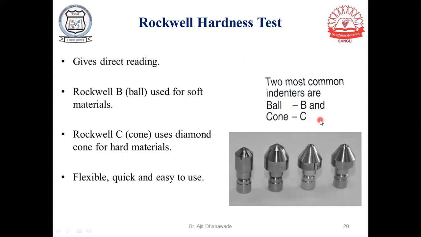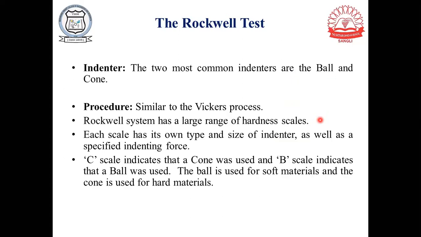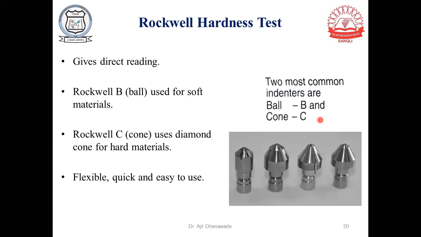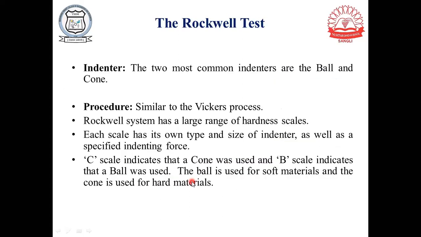This particular hardness test is flexible, very quick, and very easy to use compared to the previous two tests. The flexibility comes from the fact that soft materials can be checked and hard materials can also be checked. It is very easy to use: go for a ball indenter if the material is soft, and a cone indenter if the material is hard.